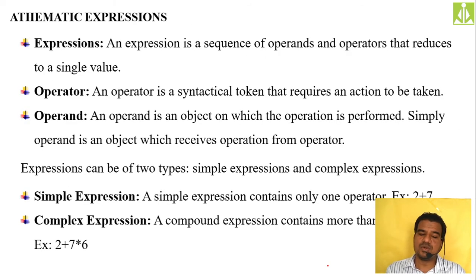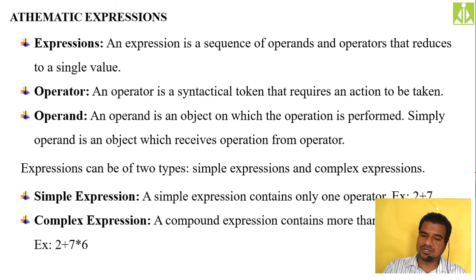Expression is nothing but a sequence of operators and operands, and if you apply the suitable operations according to the operator, you will get a final reduced value, isn't it? Expression will always give you a single value. Remember this one.